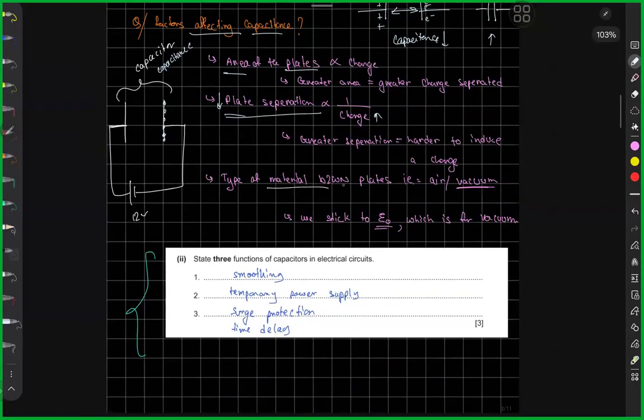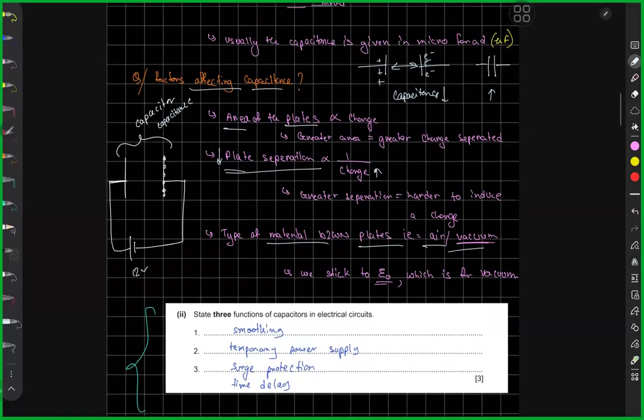Now, the type of material between the plates, air, vacuum, that affects it. So basically, it is more of a conversation of the permittivity of the space, which you don't need to get more into. You don't need to understand that much. But basically, the space that I have in between, is this air? Is it vacuum? Is it solid? Is it liquid?